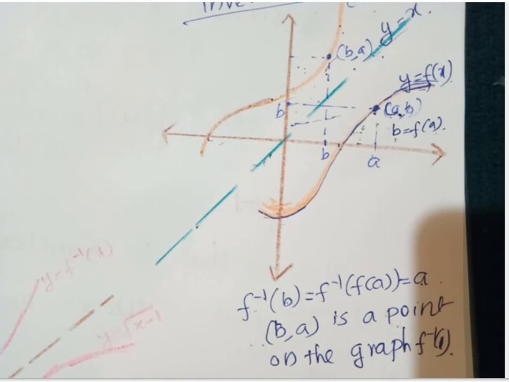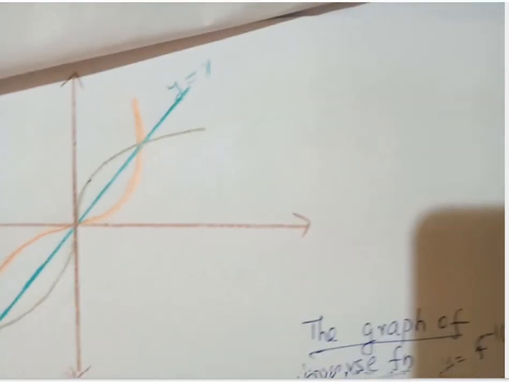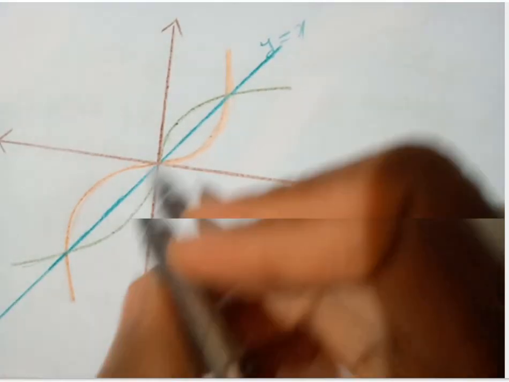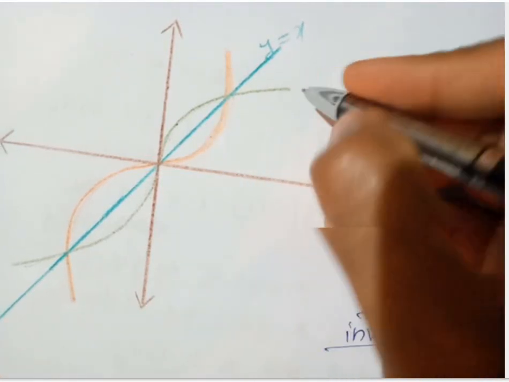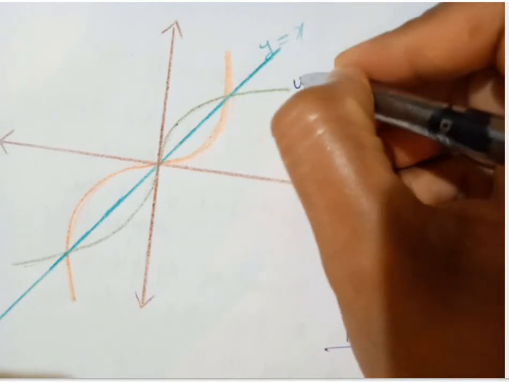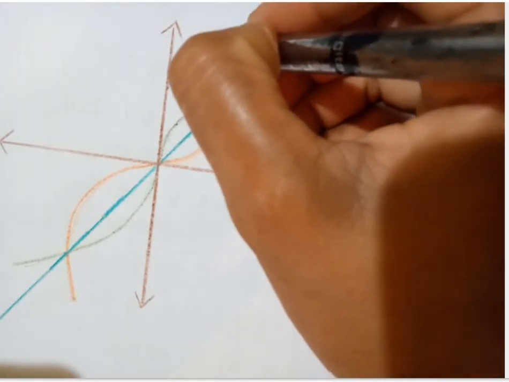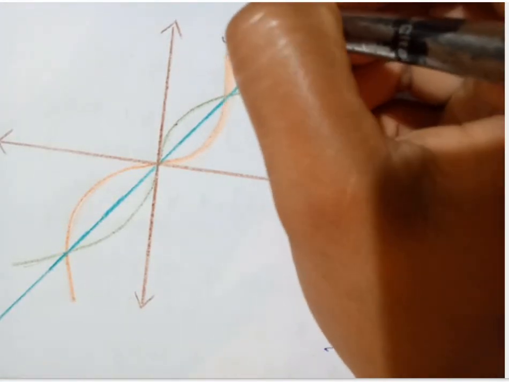So consider this graph. This green line is a graph of y equal to x raised to 1 by 3, and this orange line is y equal to x cube.